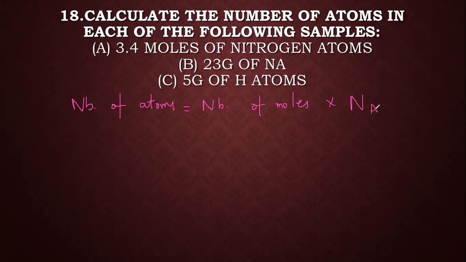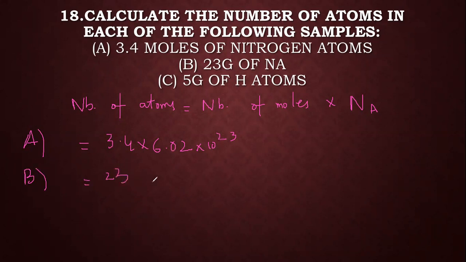In case A, the number of moles is 3.4, and we just have to multiply with 6.02 into 10 raised to the power 23. In part B, we have 23 moles multiplied by the same.